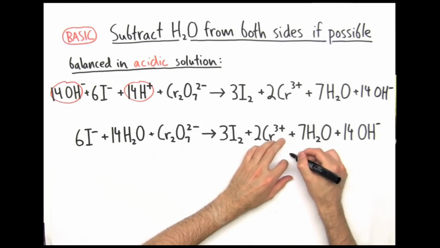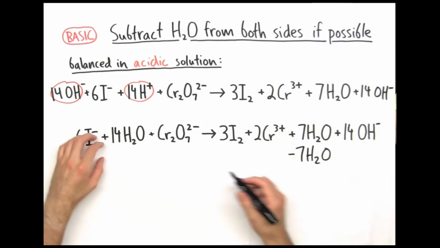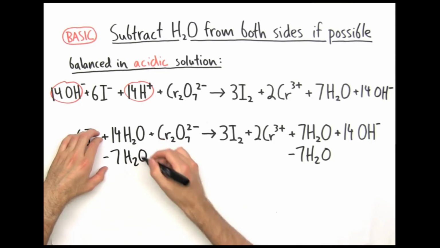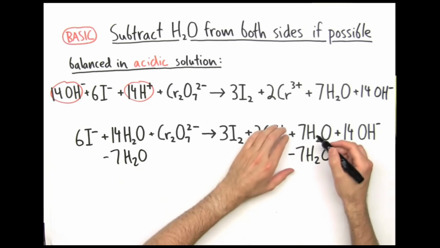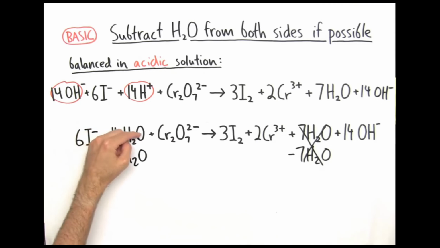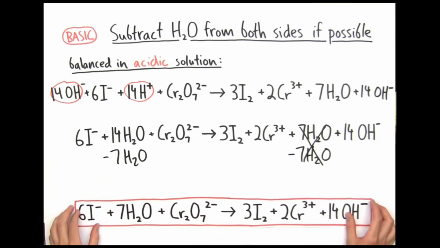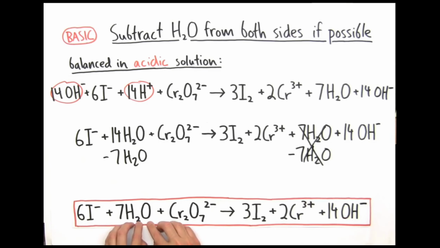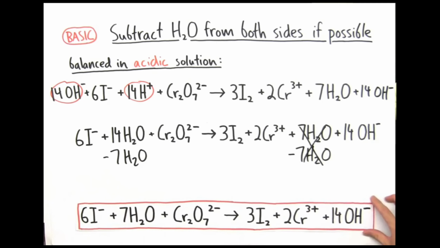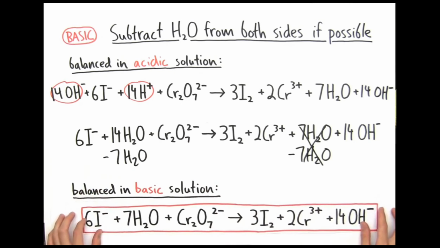So I can do minus 7 H2O on this side, and then minus 7 H2O on this side. Plus 7 minus 7 is going to cancel this out. And then I'm going to have 14 H2O minus 7 H2O, which gives me a final answer of 7 H2O here. So this is what the equation looks like now that it's balanced in basic solution.